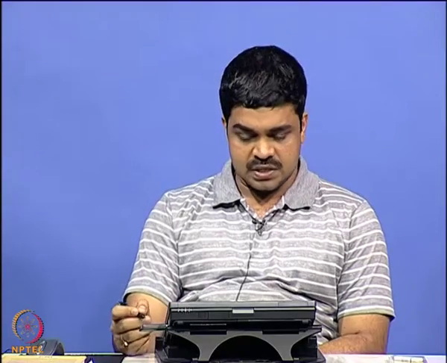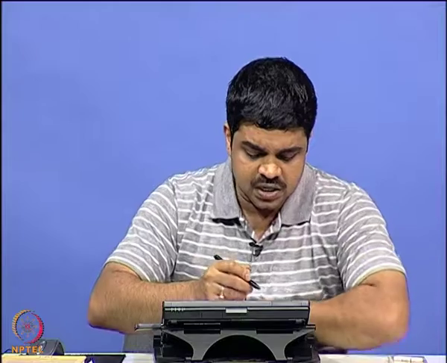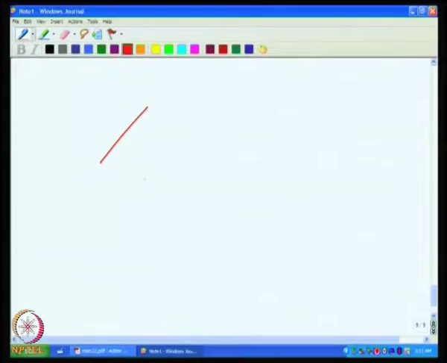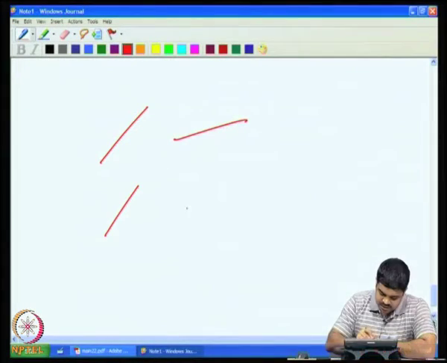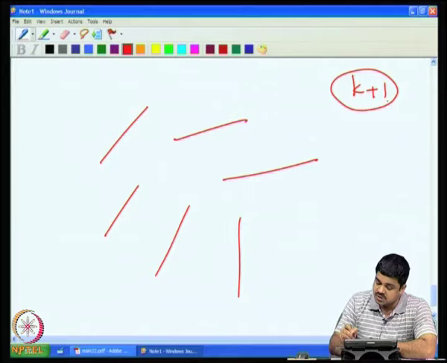Why is it so? This is the reason. Now, you consider a color class. Color class means you consider the edges colored red. Suppose these are the edges colored red. Suppose I am assuming that there is a coloring using k plus 1 colors.